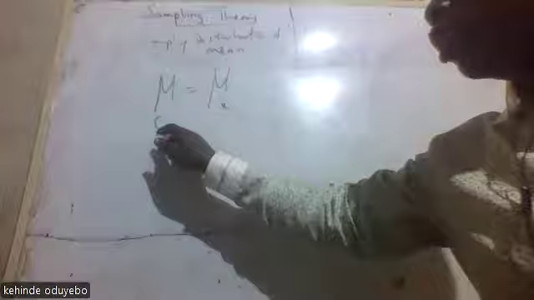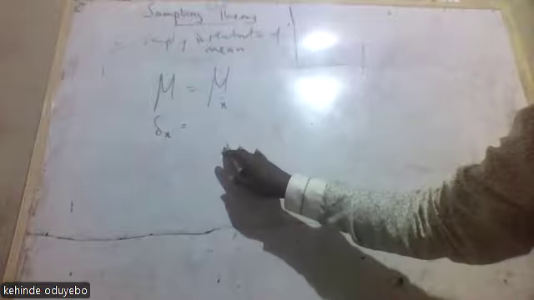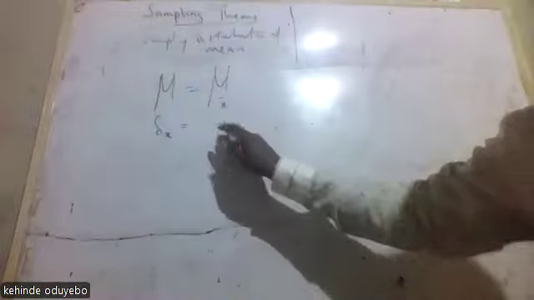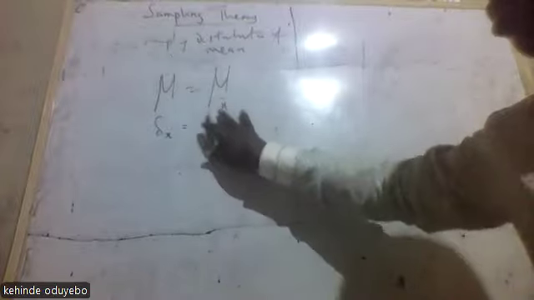and your standard deviation is given by what? Sigma over root of n, right? We said when we have it to be without replacement, this formula will change. This formula is for with replacement.